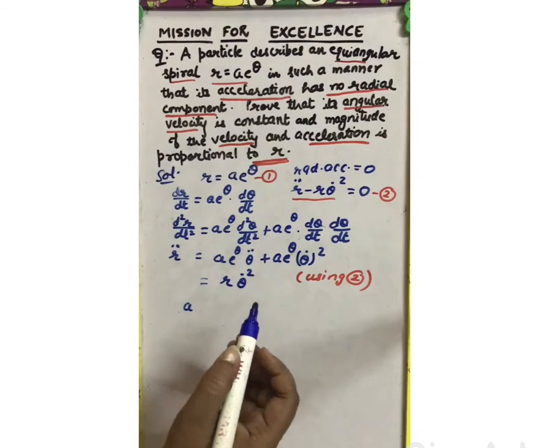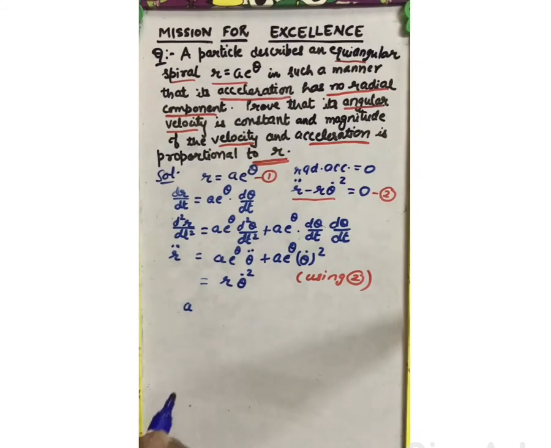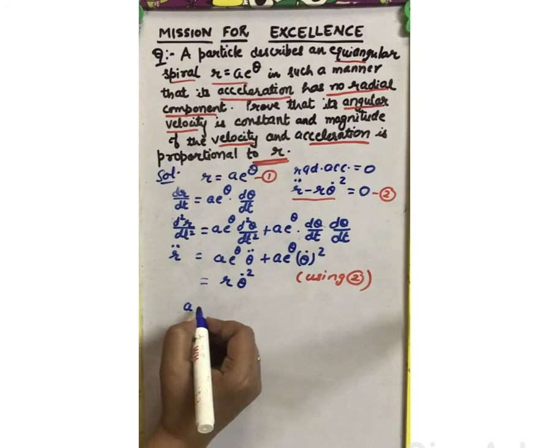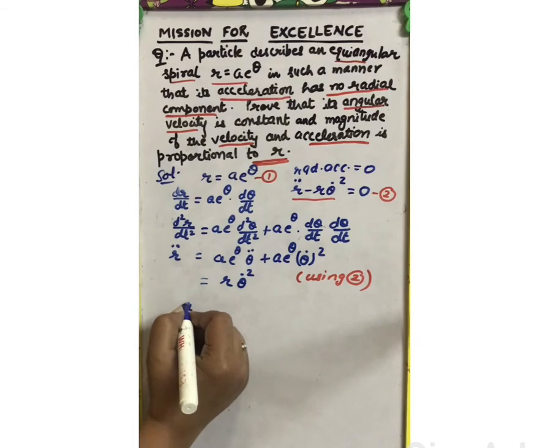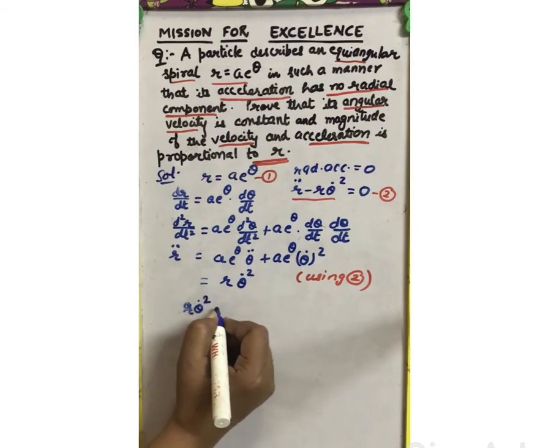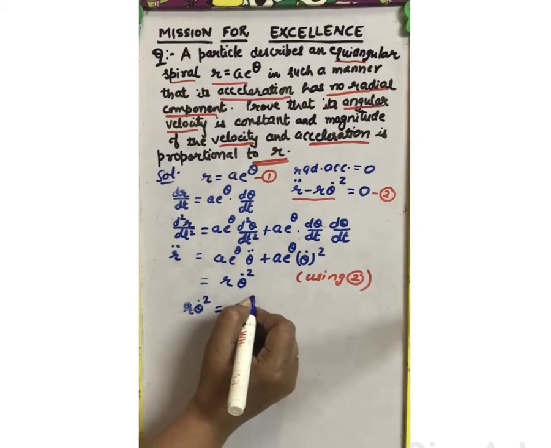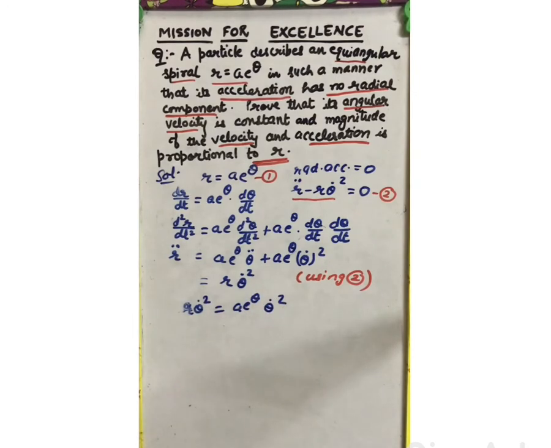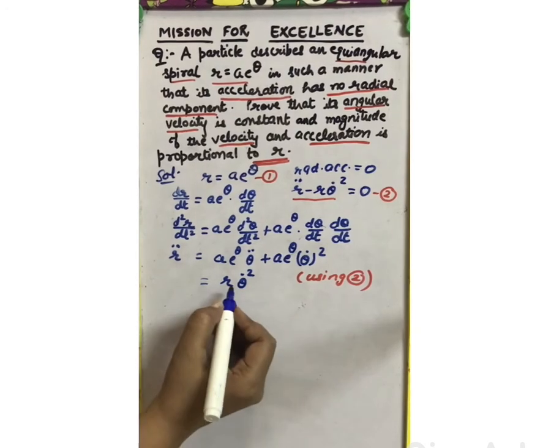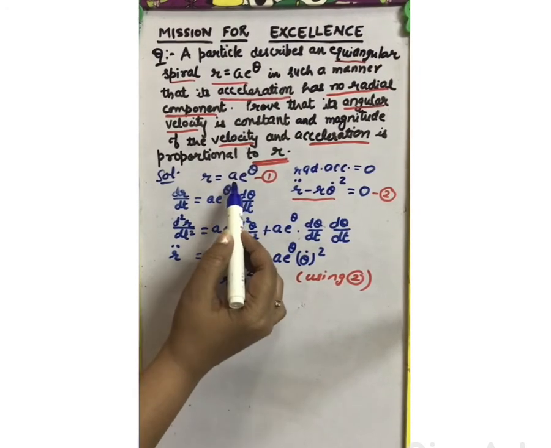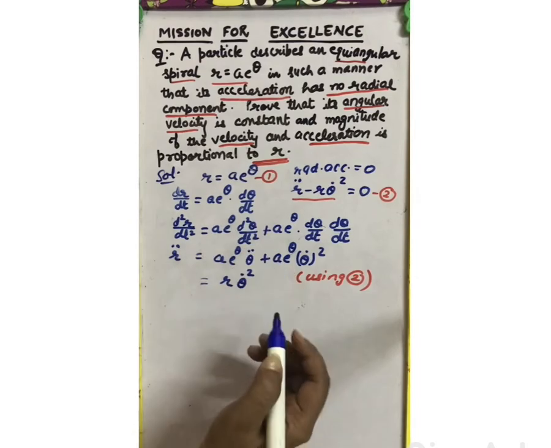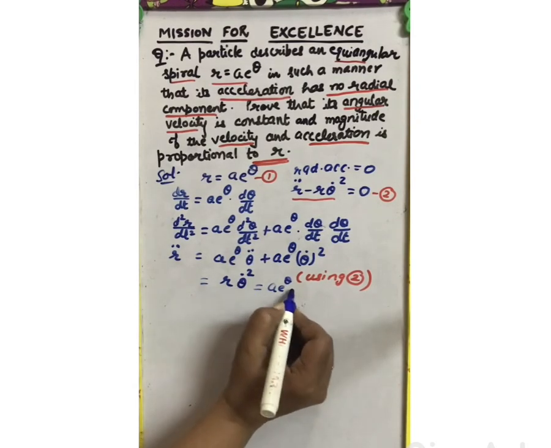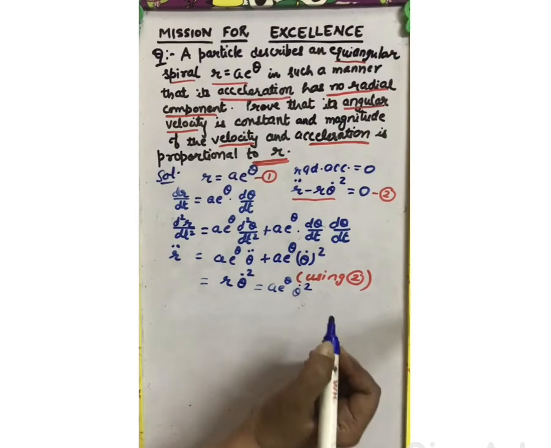Now this moves in an equiangular spiral, so this is equal to r theta dot square is equal to a e raised to power theta theta dot square. Here we put the value of r. So value of r from equation 1 is a e raised to power theta. So that is equal to a e raised to power theta into theta dot square.